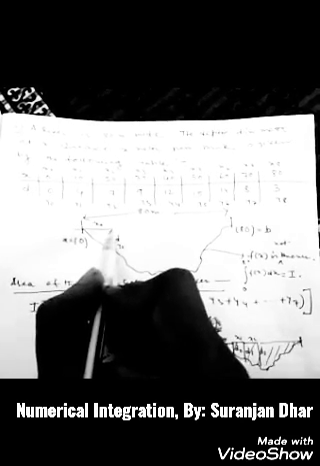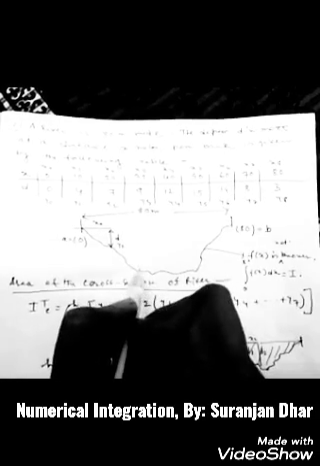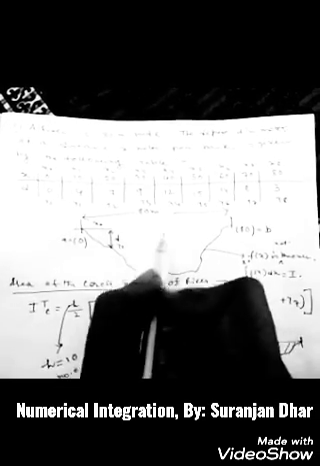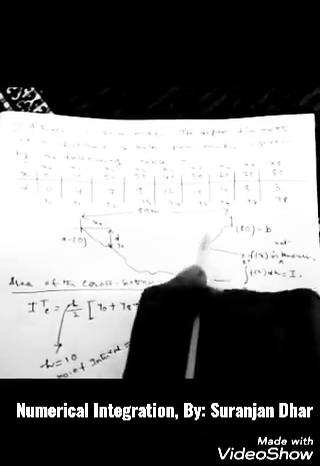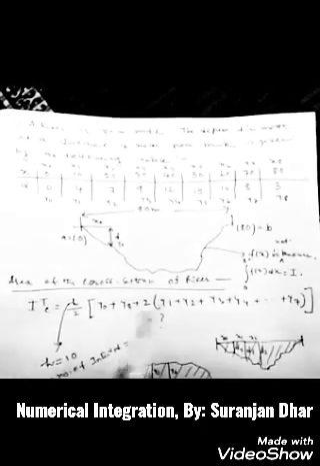Then going in 10 meter intervals, at 20 we get depth 7. So at different values of x we get different values of depth, that is the functional value y, and we are using the trapezoidal rule here.